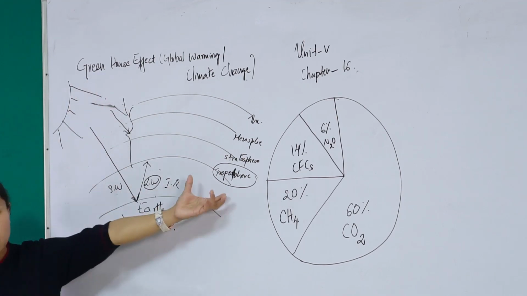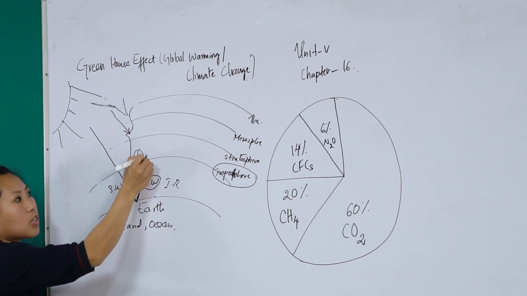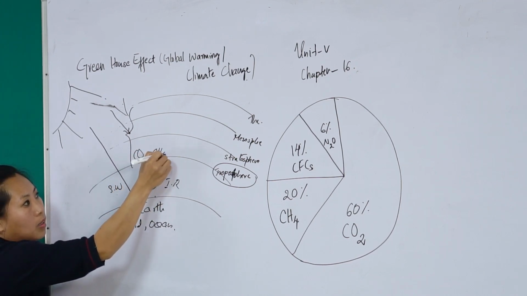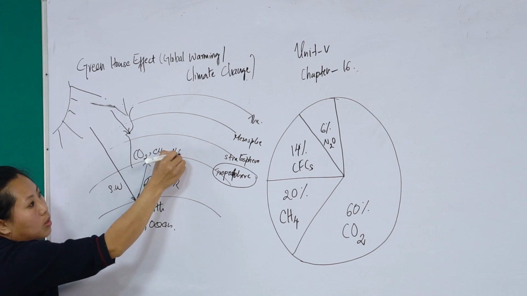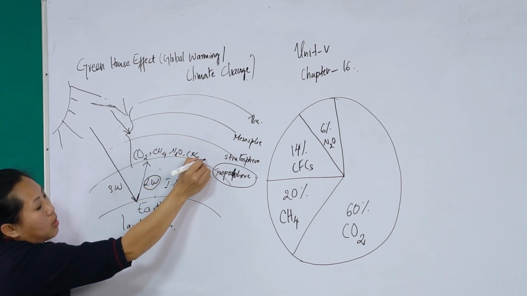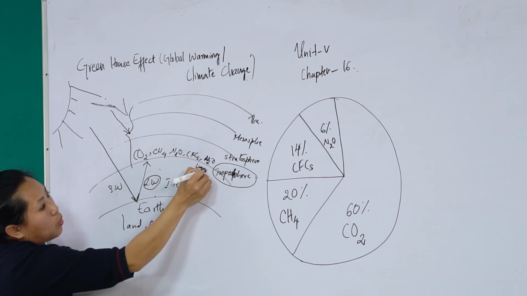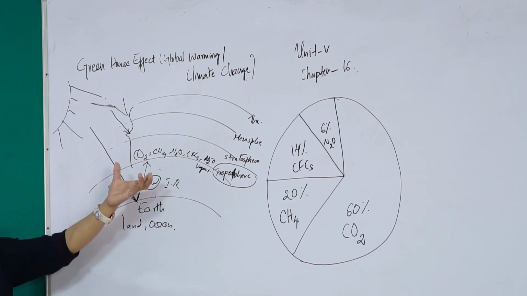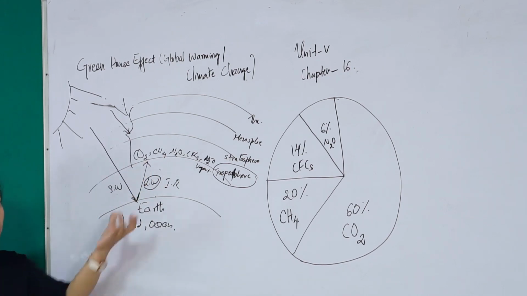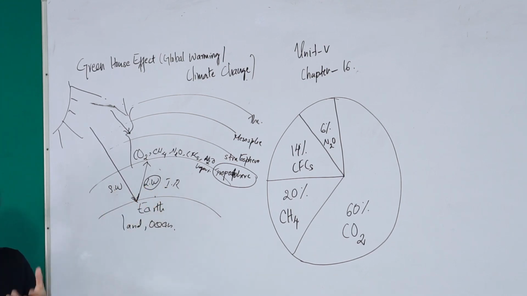How is that possible? Because this troposphere consists of certain gases known as carbon dioxide, methane, oxides of nitrogen, CFCs, and water vapor. So the troposphere, which consists of these gases, is responsible for trapping this light energy which is being reflected back from the Earth.